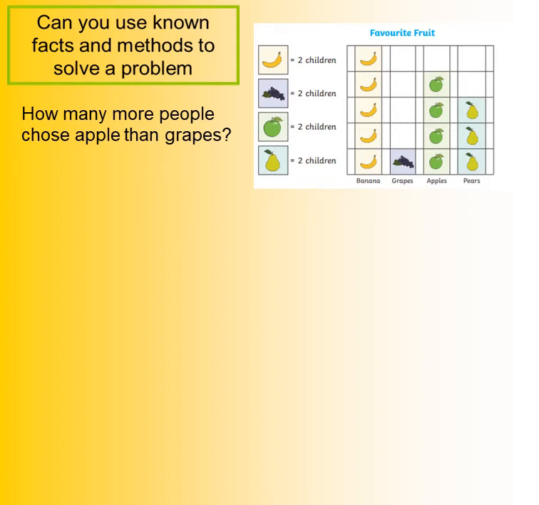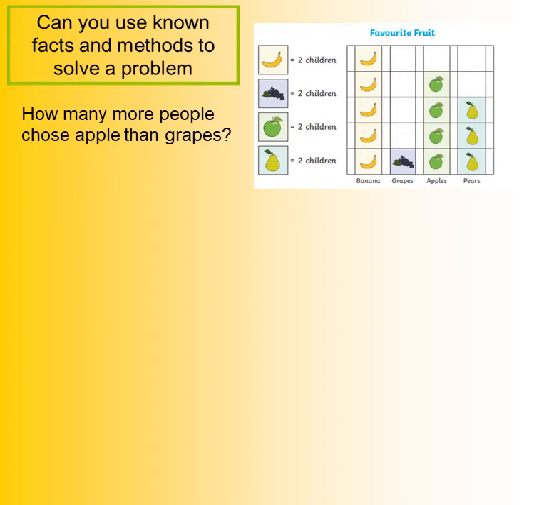Okay, so I can see that more people chose apples. So I'm going to work out, first of all, how many people chose apples. So I've got 4 apples. So I'm going to count in 2s. 2, 4, 6, 8. So I'm going to do 8. And then I'm going to take away the amount of people that chose grapes.